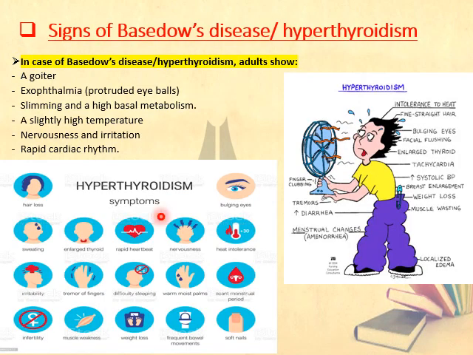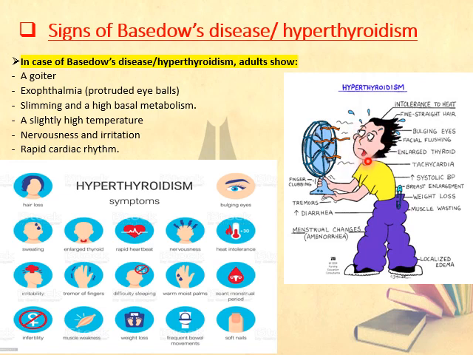What about hyperthyroidism? The people who have hyperthyroidism or Basedow disease, what do they suffer from? What are the symptoms that appear? First of all, protruded eyes or bulging eyes. Their eyes will be protruded, bulged or swollen. What else?